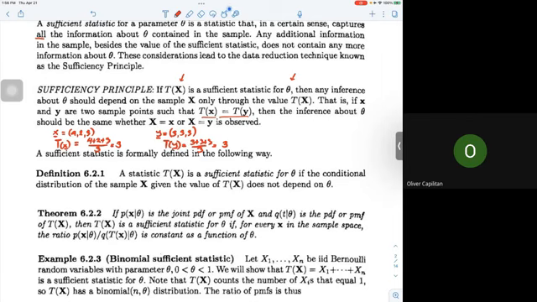Pareho lang pa rin yung inference natin ang makukuha about theta, kahit saan dito yung gagamitin natin, whether the bold small x or the bold small y.